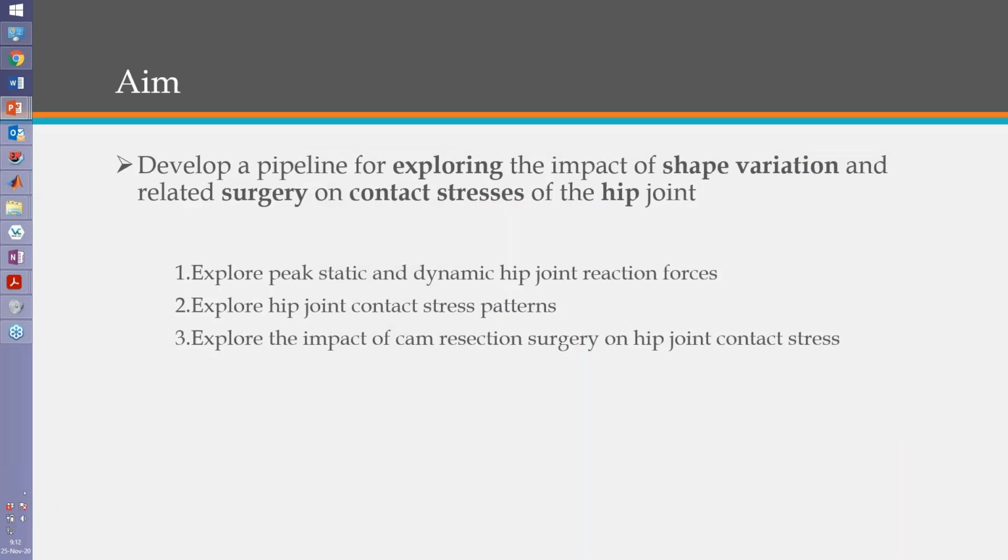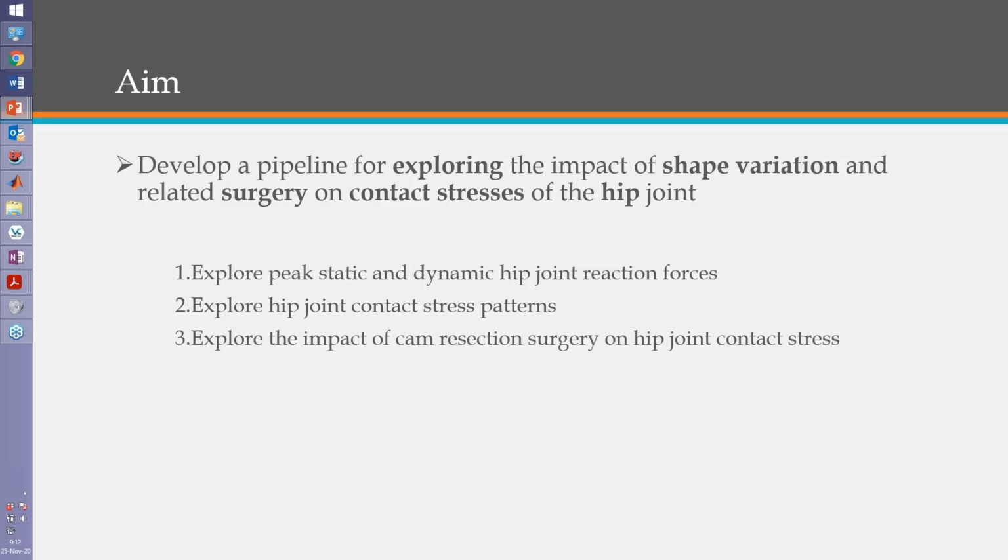So that is what brings us to the aims of this work. We wanted to develop a pipeline ultimately for exploring the impact of shape variation and the surgery to improve on it by actually looking at the contact stresses of the hip joint. And to be able to do that, we had to run through some steps.